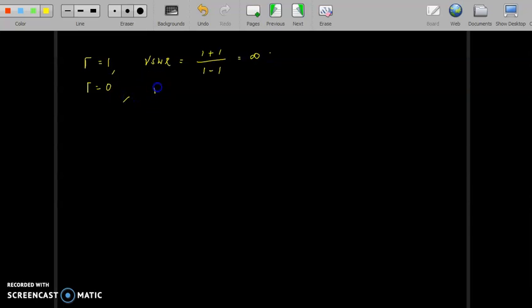If it is 0, VSWR becomes 1 plus 0 upon 1 minus 0. So the maximum and minimum values of VSWR are infinity and 1.